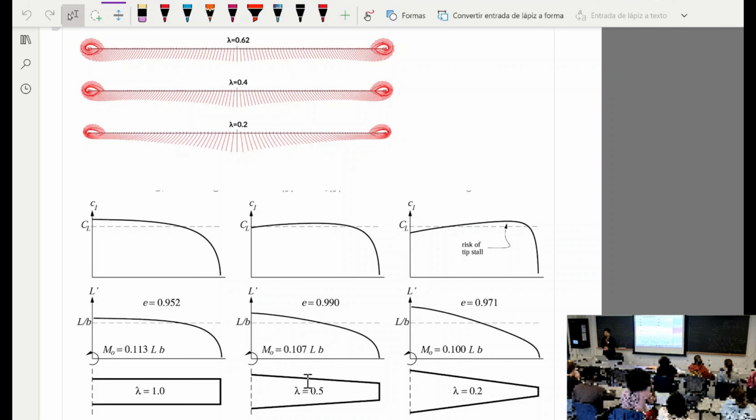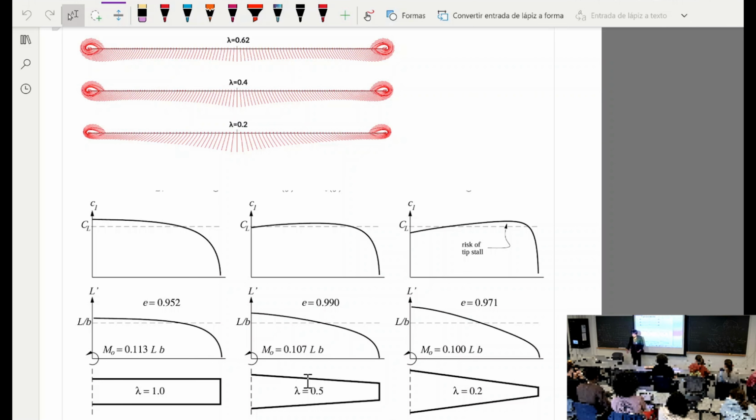All right, and in your homework, you are also going to see not only the effect of the taper, but also the effect of sweep. And you're going to see that this effect we are seeing is going to be amplified in the case of sweep. In your homework, you should actually get not just a smaller downward velocity here, but actually upward velocity at the outward portion.